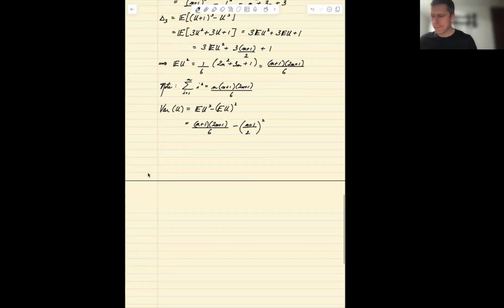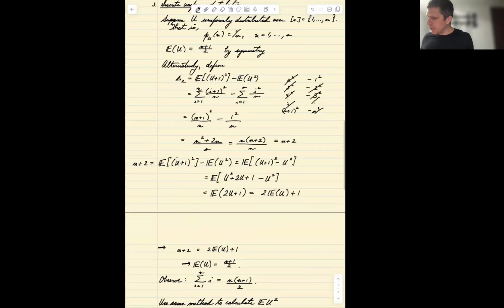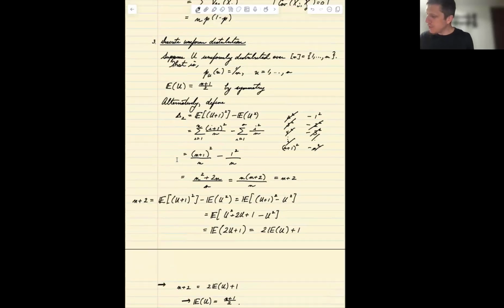We simplify, and we get (n squared minus 1) over 12. So that is how we deal with the discrete uniform distribution between 1 and n.